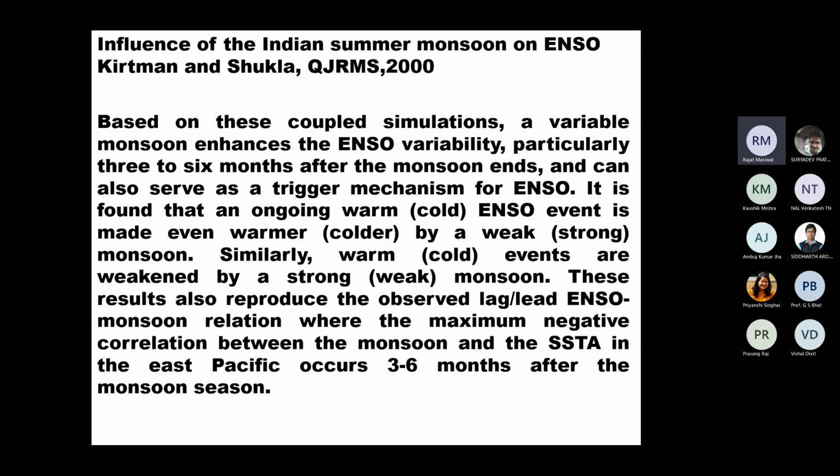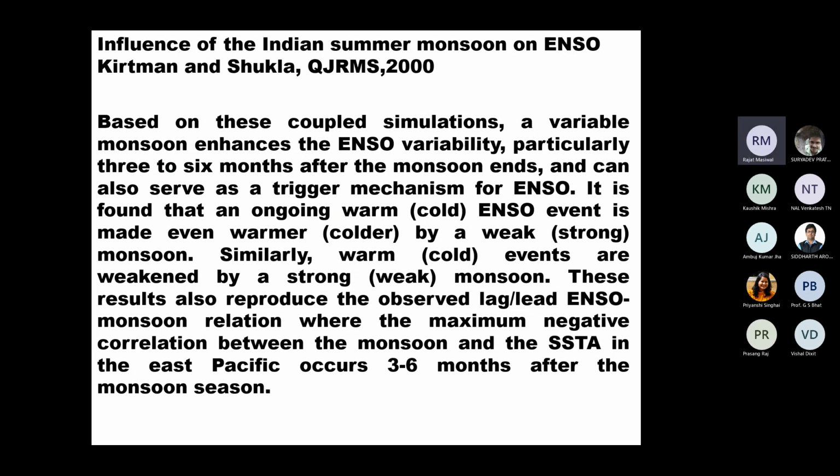And what they're saying, based on the coupled simulation, is that a variable monsoon enhances ENSO variability 3 to 6 months after the monsoon ends. This is from model output, okay, and can also serve as a trigger for the next ENSO. So an ongoing warm event is made warmer by a weak monsoon.